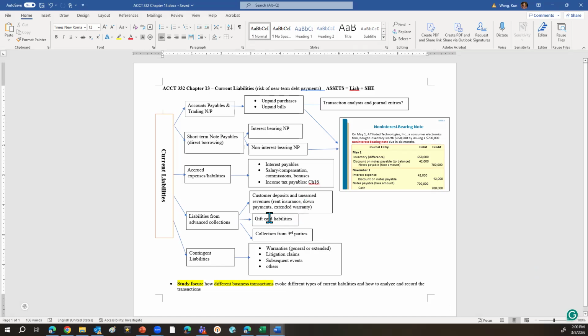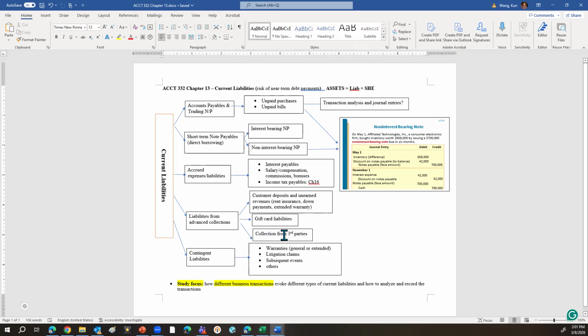The gift card liability is converted into revenue based upon your past gift card sales experience and also on consumer behavior. So recognizing the revenue is more discretionary and judgmental than the unearned revenue categories.